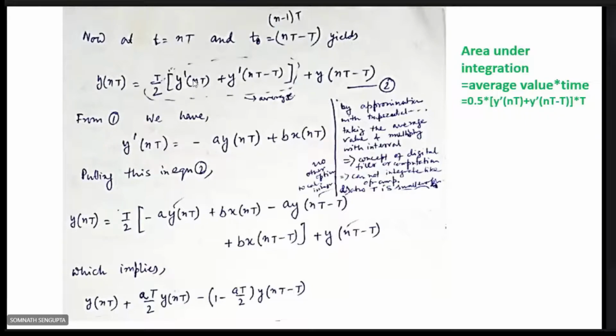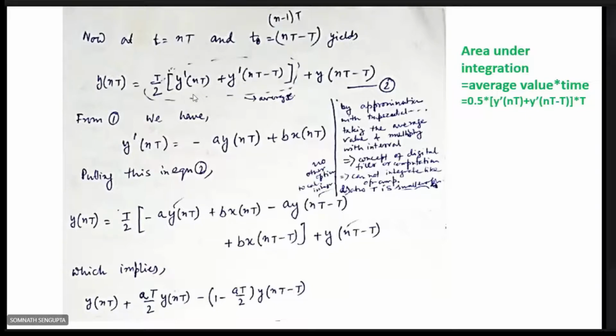So suppose it is one rectangle. How do we calculate the area of a rectangle? Height into length. The height is the average height, that is the average value of the differentiation values, y dash nT plus y dash nT minus T, divided by 2. That gives the height of the curve.